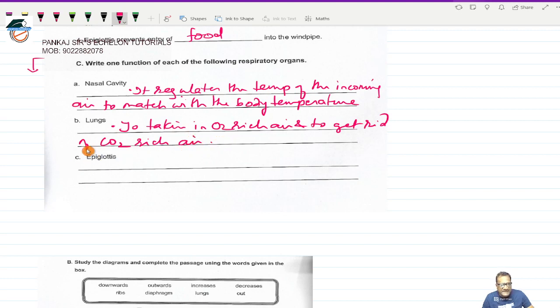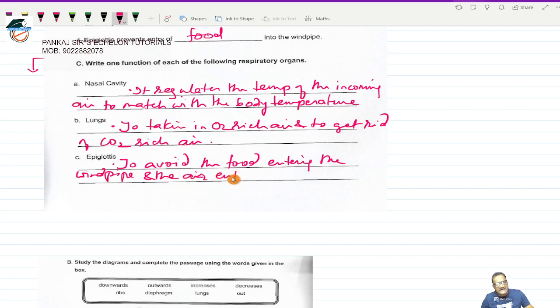Then the epiglottis. The main function is to avoid the food entering the windpipe and the air entering the food pipe.